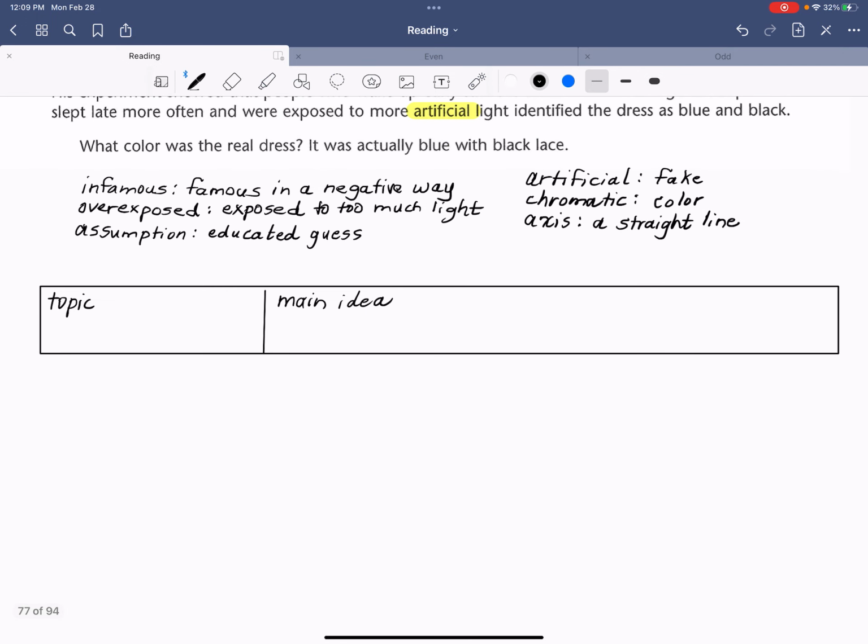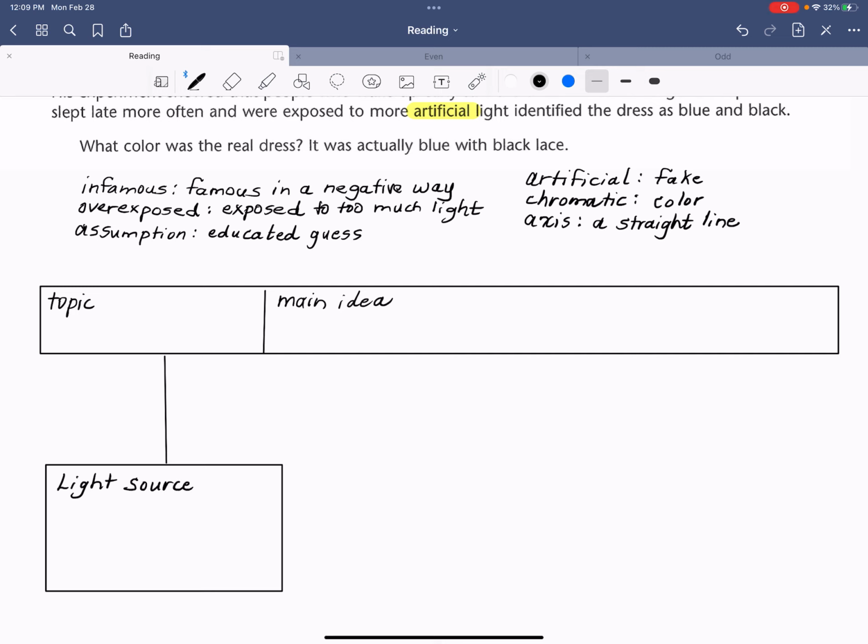So this is telling me, I'm going to make an assumption right here, that the light source affects, this is a verb, so I want the affects with an A, the appearance of a photo.